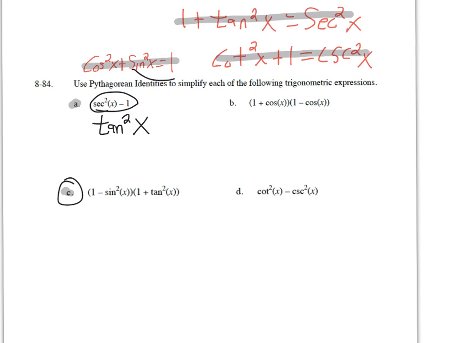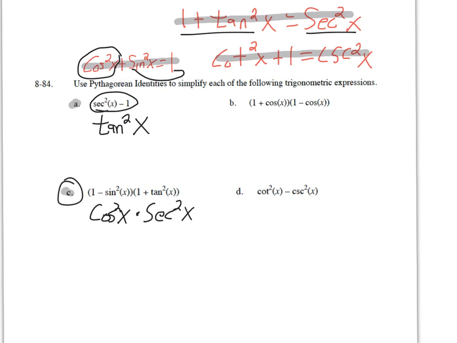If I subtract a sine squared from both sides, that would leave me with cosine squared. So this is the same as cosine squared x, times, and 1 plus tangent squared we know is equal to secant squared, so times secant squared x.